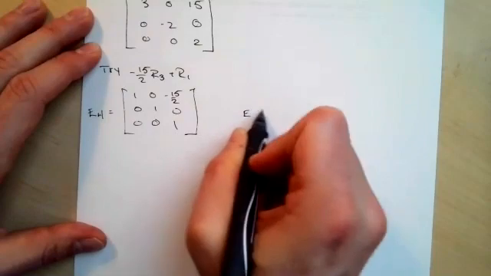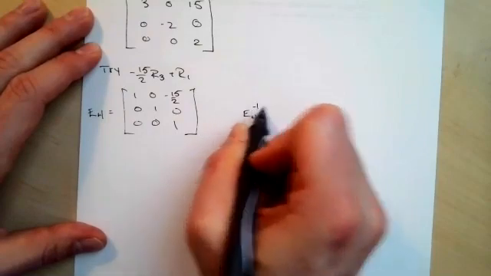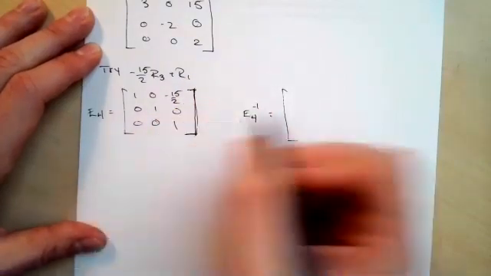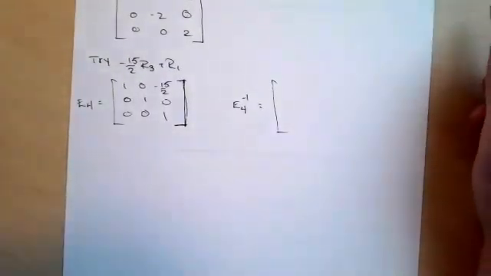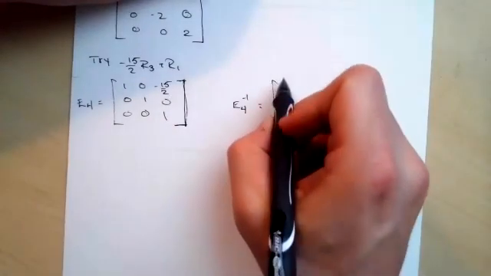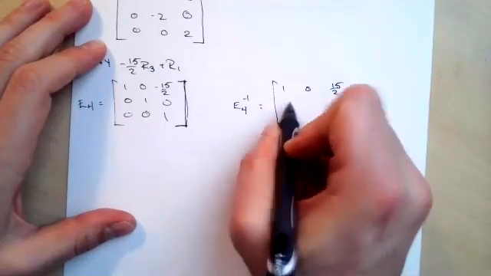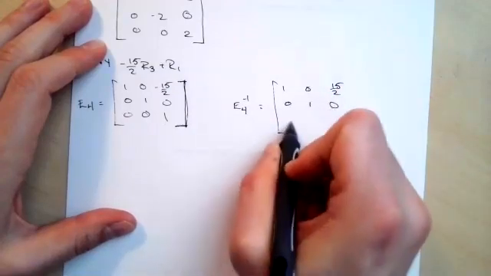What would the inverse of this be? I'm afraid we might have the same thing happen that we had with our third step with E3. Well, this is going to be 1, 0, 15 halves, 0, 1, 0, 0, 0, 1.